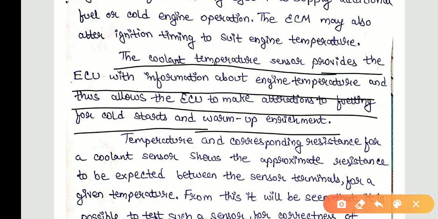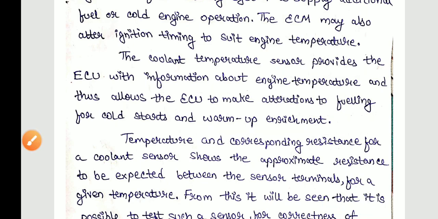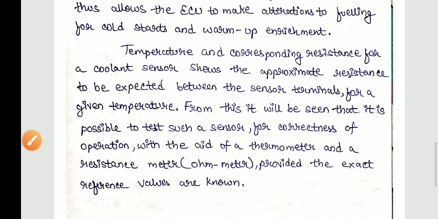This is the same thing that has been discussed above. That means it regulates the amount of air or fuel that is to be injected inside the combustion chamber, which basically leads to the warming up of the engine in a very short amount of time.